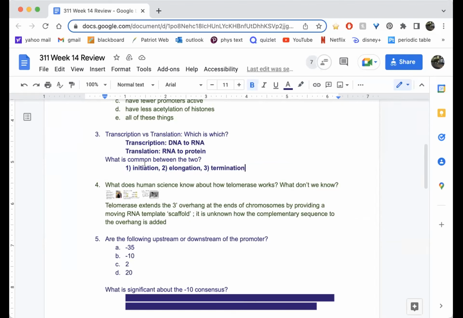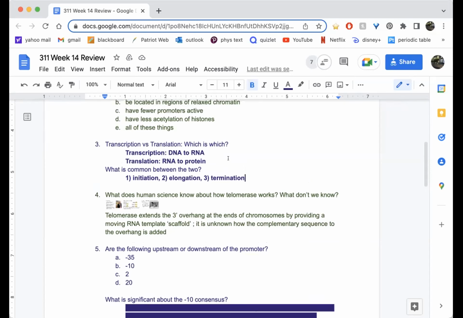You're always going to have to initiate somehow, then elongate, and then have some way to terminate, because if you cannot terminate, you're just going to keep going forever and never get to your finished RNA or your finished protein. Those are the common processes between the two.